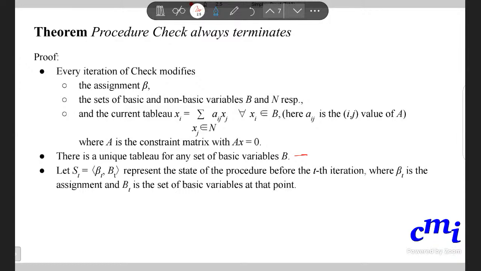We are just changing the assignments to the equation and just moving things from the left to the right. So it doesn't change the actual equation. It always satisfies Ax equal to 0. So that means that for any set of basic variables, you'll only have a single representation in this form.